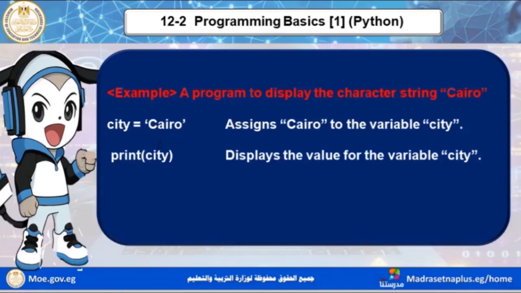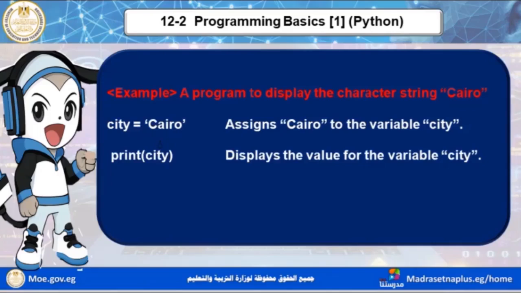And because Cairo is a string value, we put the value inside single quotation. So the command city = 'Cairo' assigns the value Cairo to the variable city. And now we have the value Cairo inside the box, the variable city.